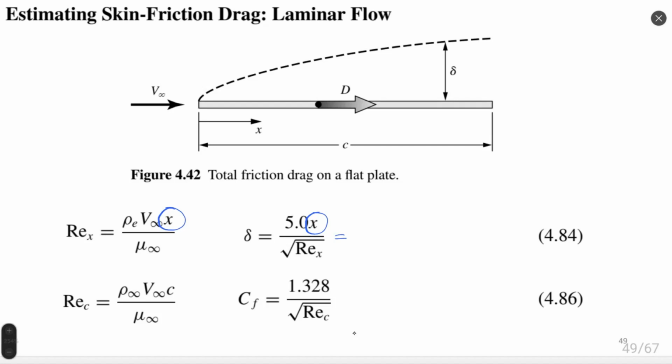Let me try to write here. It's 5 multiplied by square root of x, and here square root of viscosity. And in denominator, we will have square root of density and v, like this, constant values. So all are constants except x.